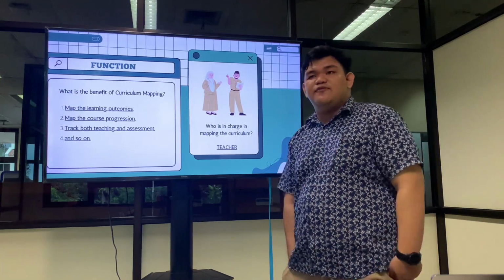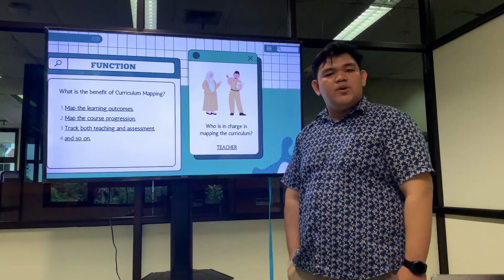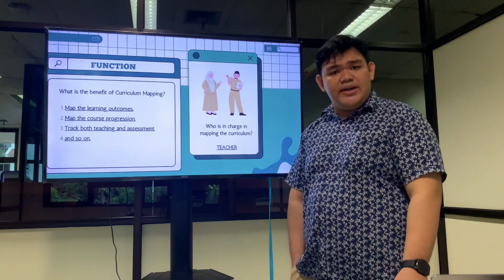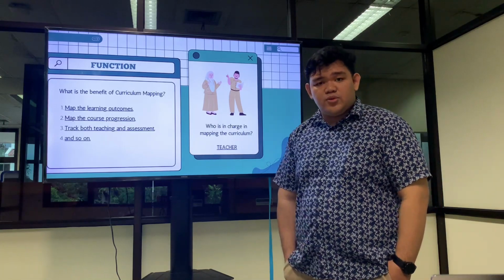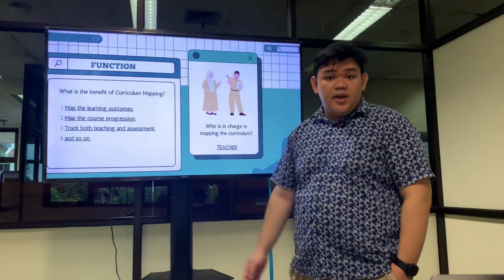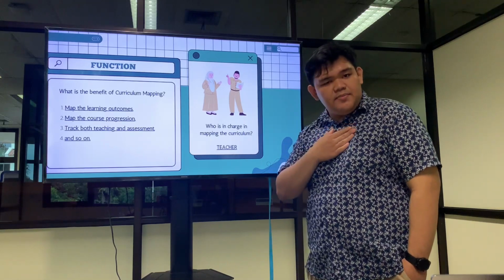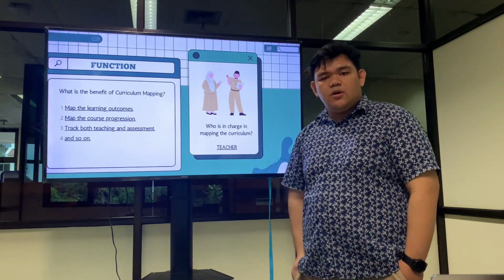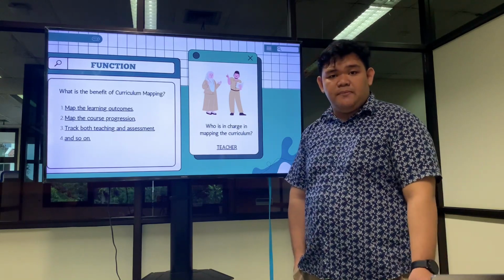Yeah, it's you guys as a future teacher or lecturer, because we are the ones who will implement the curriculum in class, right? So it is important for us to know this kind of thing. Maybe Kaprodi or principal of the school or kepala sekolah also have the authority to map the curriculum, right?